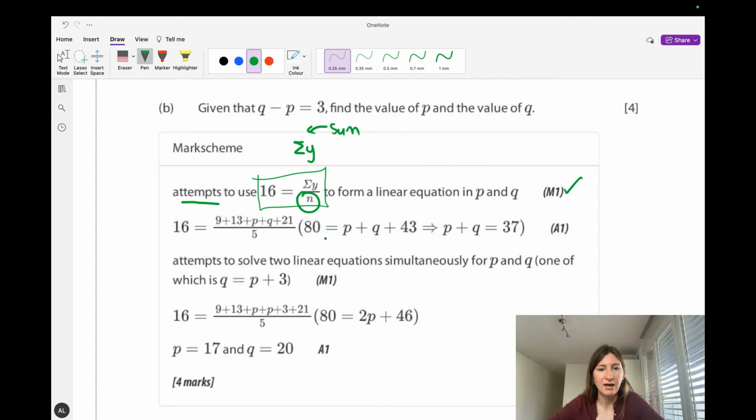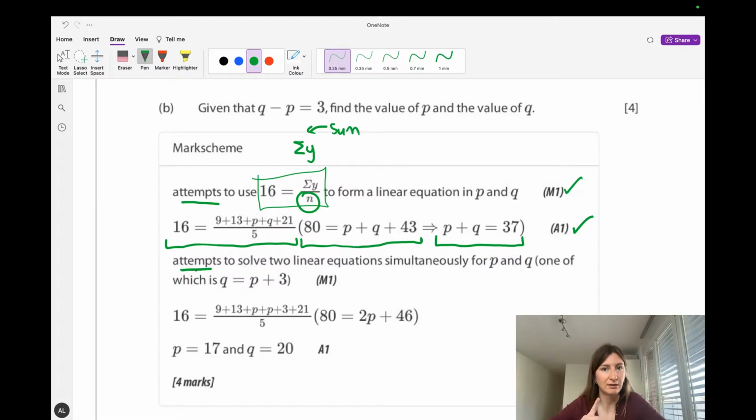Then you get A1 for getting your equation. So we ended up with P plus Q equals 37, or you could have the earlier working stages before we simplified, or the whole thing before we simplified it all. Either one of these will give you an A1 mark, which is like an answer mark. Then again, this lovely word attempt. So this is why I want you to attempt every question.